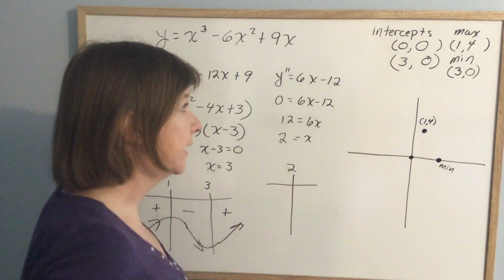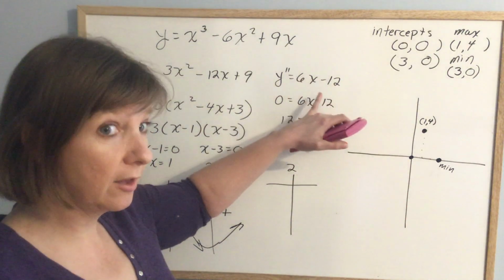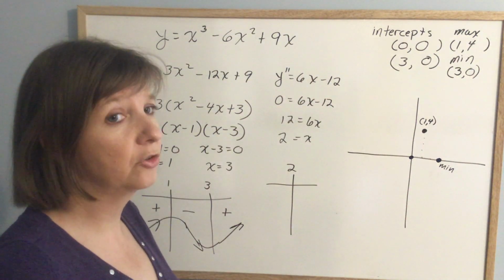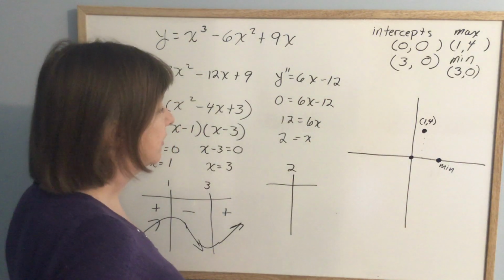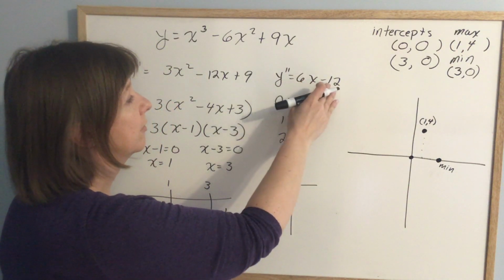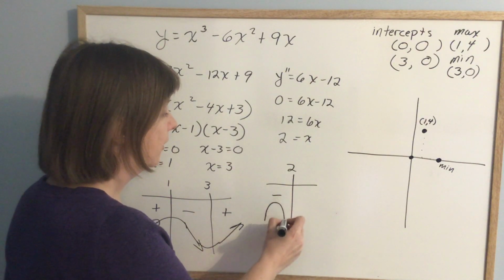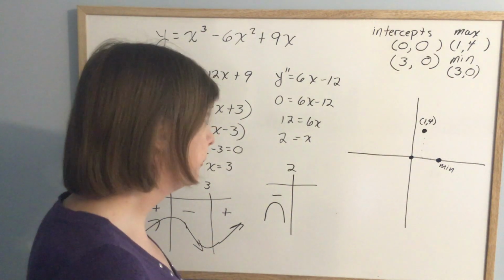Alrighty, so I'm going to pick a number before 2, put it into my second derivative, because this is the second derivative test, and see whether I get a positive or a negative. So if I pick 1, 6 times 1 is 6, take away 12 is a negative answer. So that means it's concave down before 2.